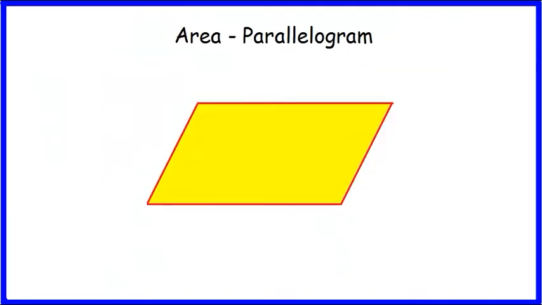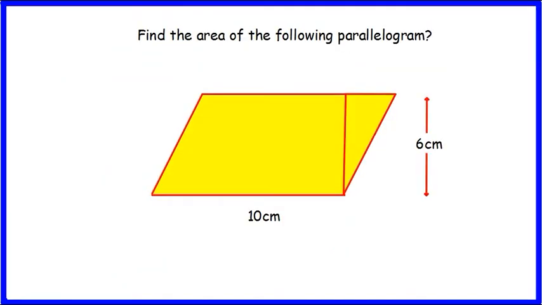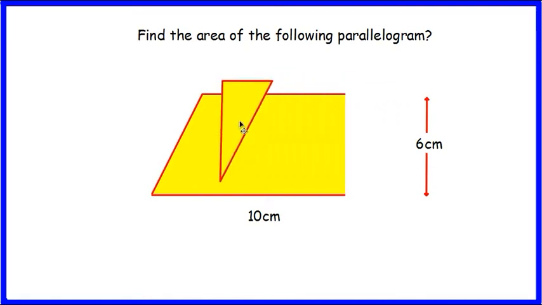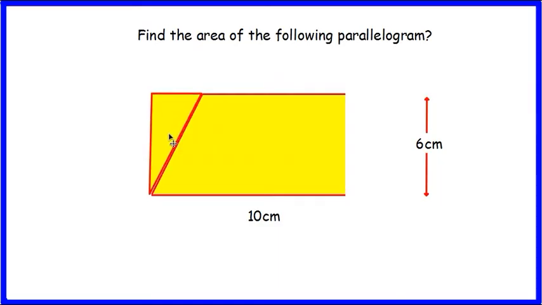Okay, now let's look at the parallelogram. Find the area of the following parallelogram. Now, what I noticed with a parallelogram is that if I cut that piece off and put it there, I'm left with a rectangle. So the area, the space inside, must be the same size as this.